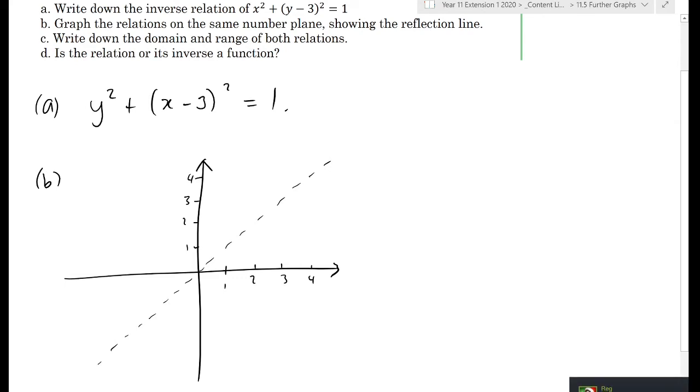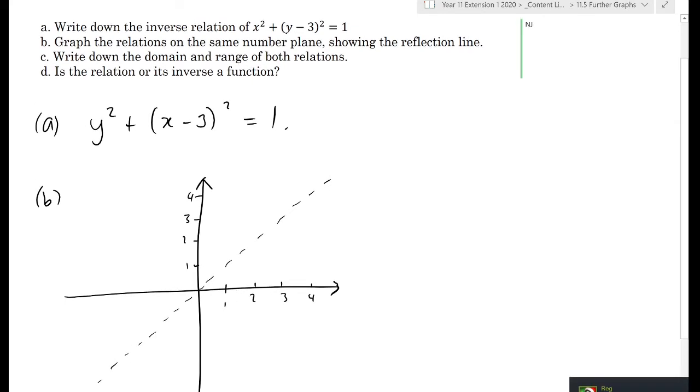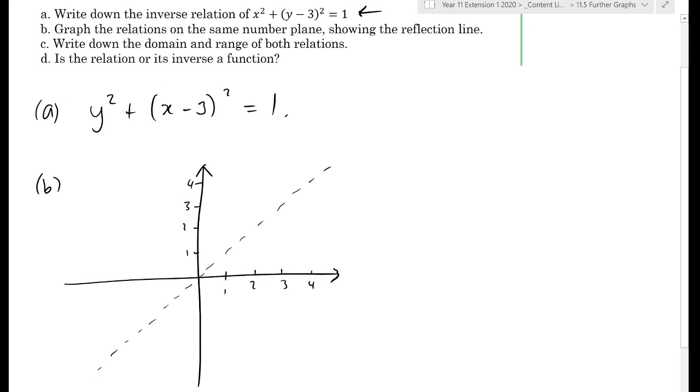Now, this is a circle. Let's start off by drawing our original one, so this one up here. X squared means that on the x's, we are on the origin. And our y minus 3 means that we're going to move our function up 3.